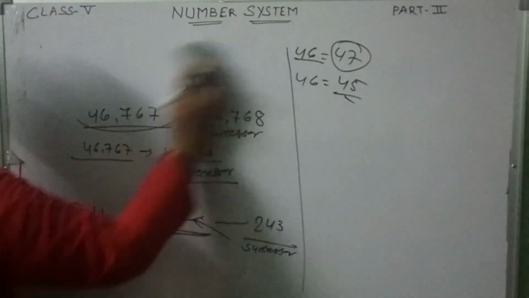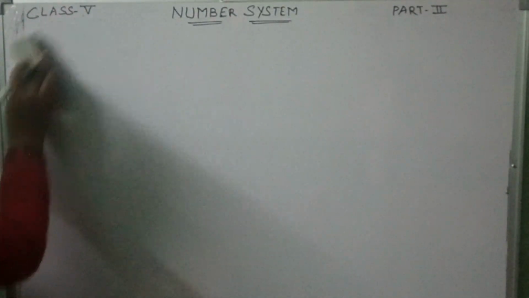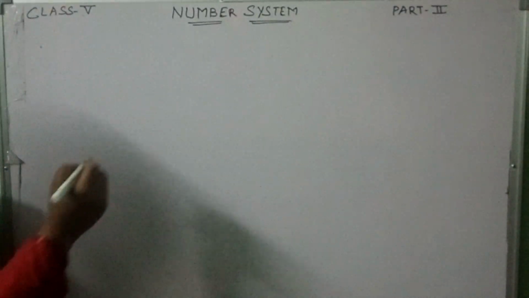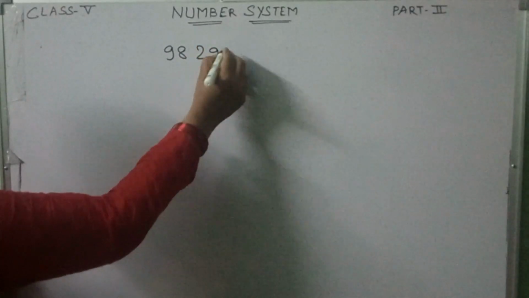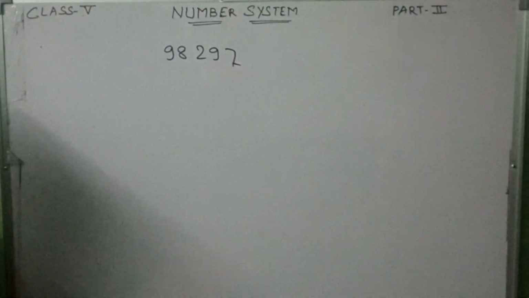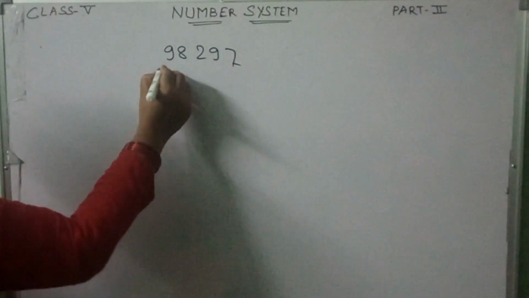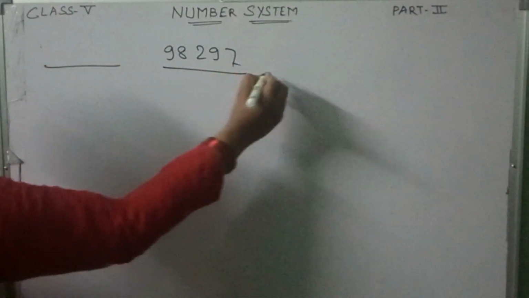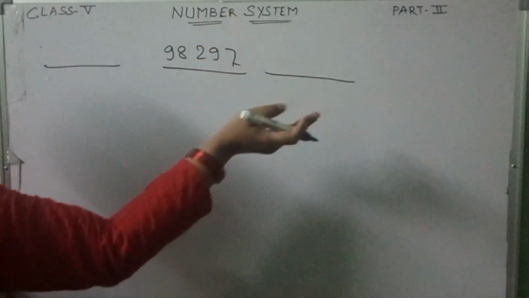See one more example I will show you. See 98297. You have to write just before and just after. This one is the middle number and here two blanks are given. You have to write the before number and here just after.